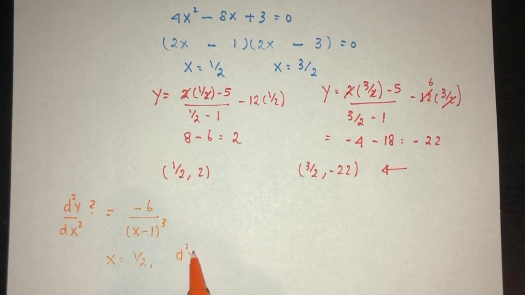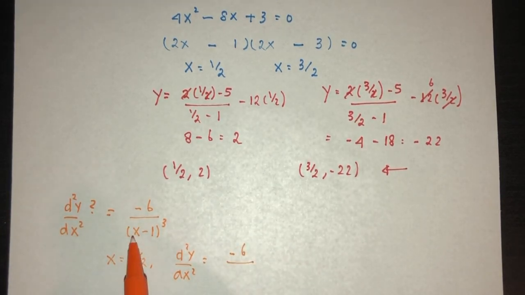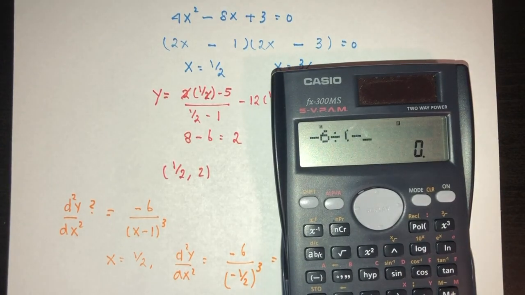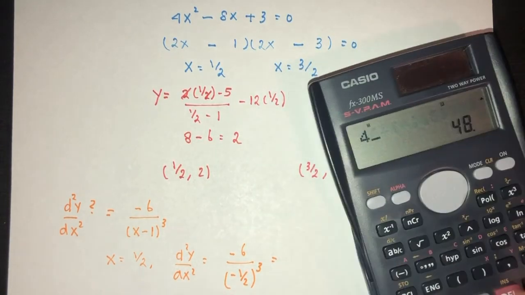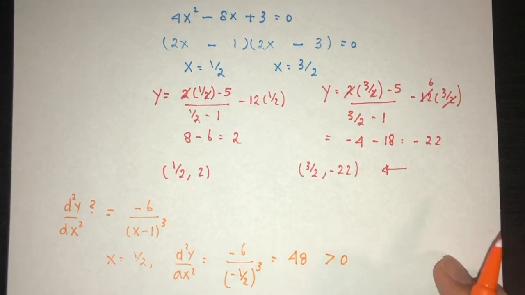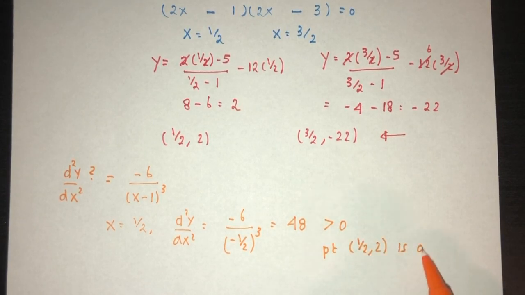So d2y by dx2 has to be what? Top is minus 6 divided by half minus 1, which is minus half, cubed. That will give you what? Minus 1 over 8. That will give you 48. This is 48, which is a positive value. So because of that, the point (half, 2) is a minimum.